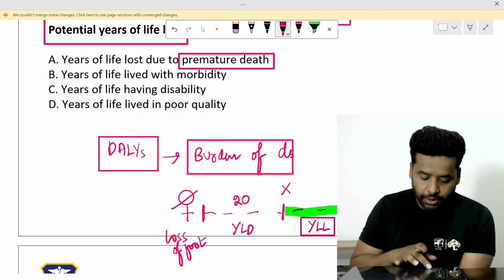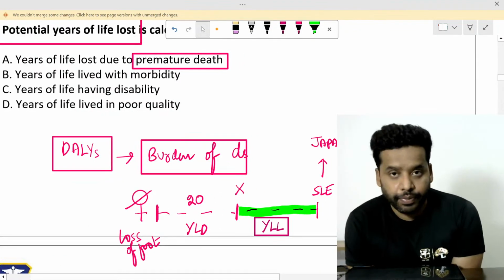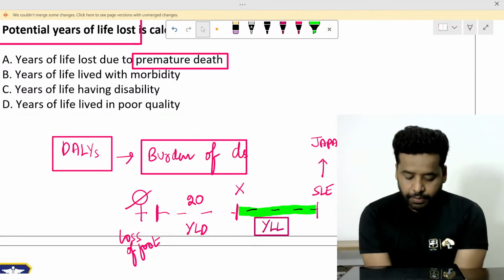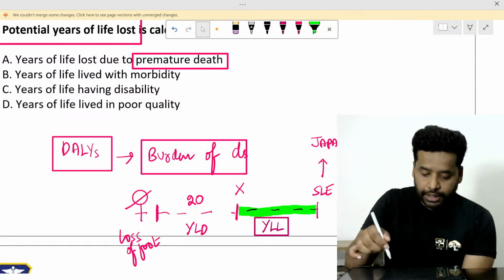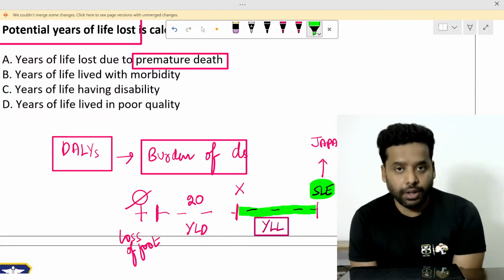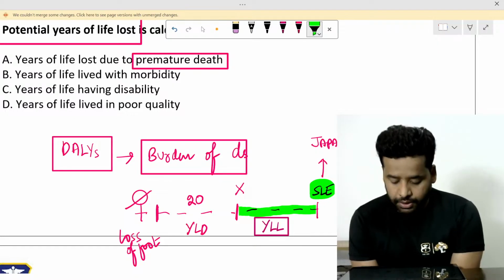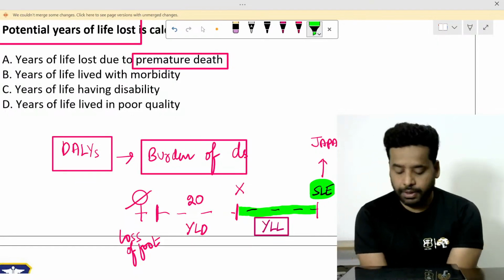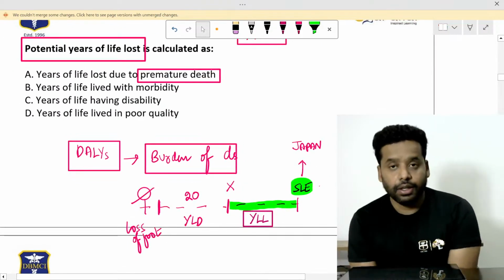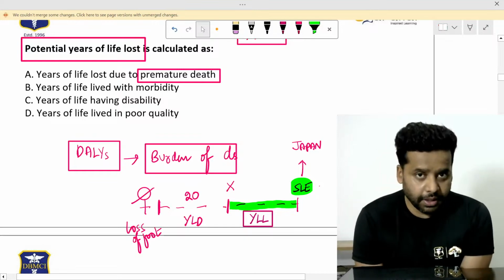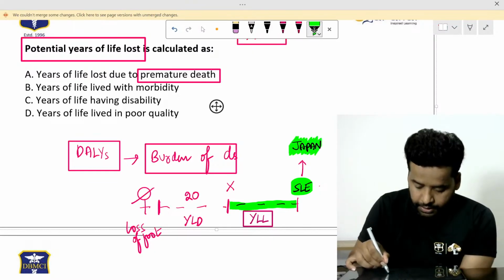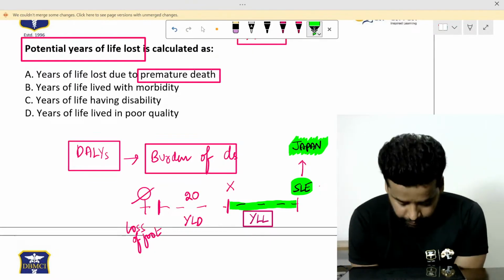Premature death, because he could not attain the life expectancy. That was the standard limit, which is from Japan. So standard life expectancy is used for calculating YLL. Don't make mistake, it is not national life expectancy, it is standard life expectancy we take from Japan. Japanese life expectancy is taken as standard.